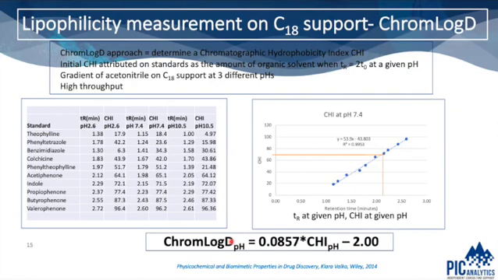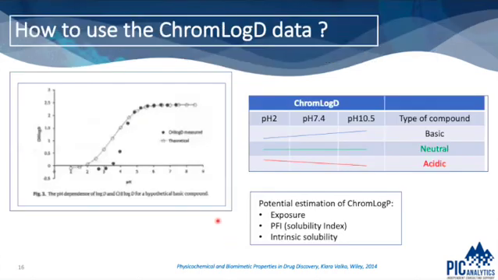So how do you use this chrome-LogD? You can use it at just one pH and create your model, and I'm sure Rob tomorrow will show you how this fits well with a lot of different models. But it is also interesting because you can work at 3 pH, or plenty of different pH, and when your compound is ionized, you have different chrome-LogD.